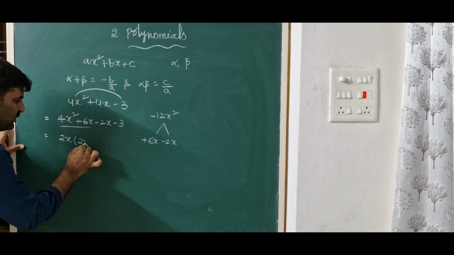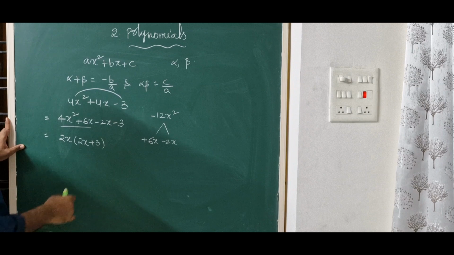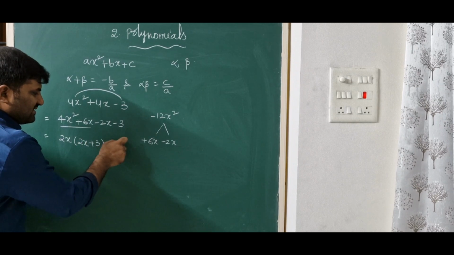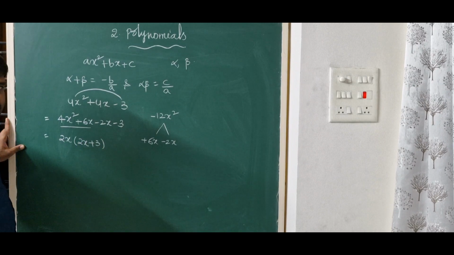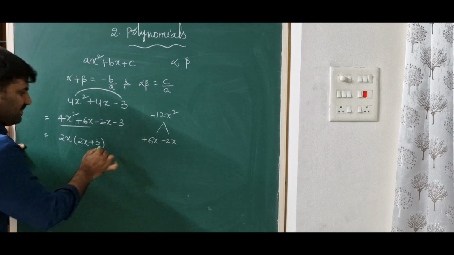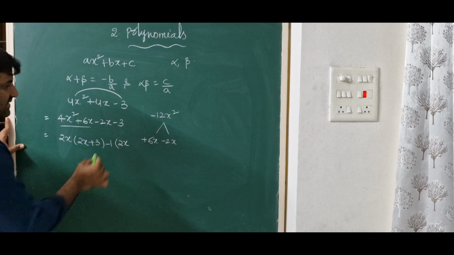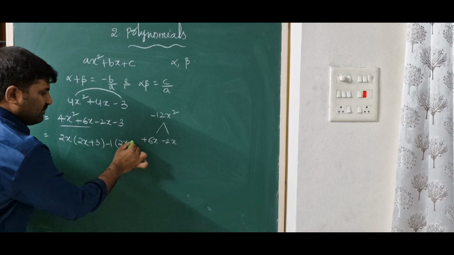Take 2x common, 2x remains, plus 3, and what you get in this bracket is 2x plus 3. Here we have 2x plus 3, but here we have minus 2x. That's why I am taking minus 1 common, because if you take minus common, you will get plus 2x. Already we have taken minus common, so plus 3.